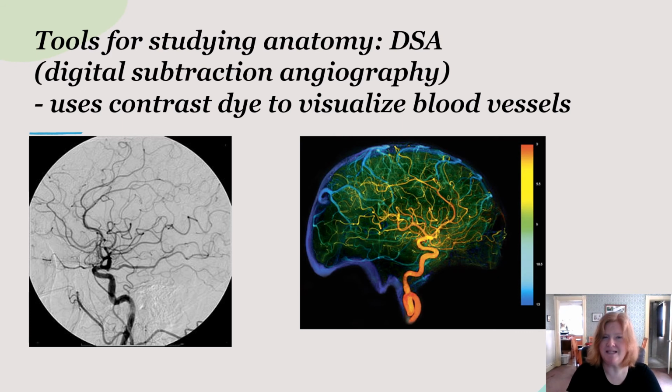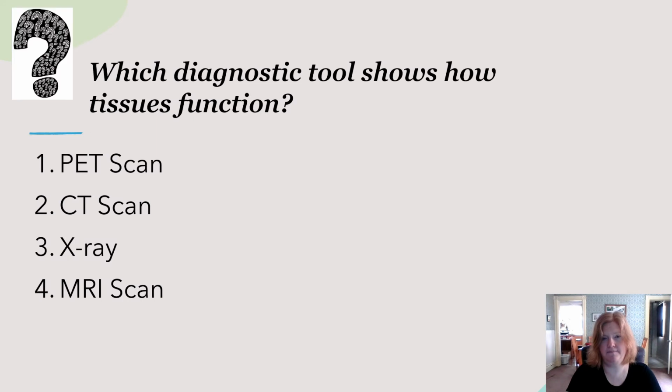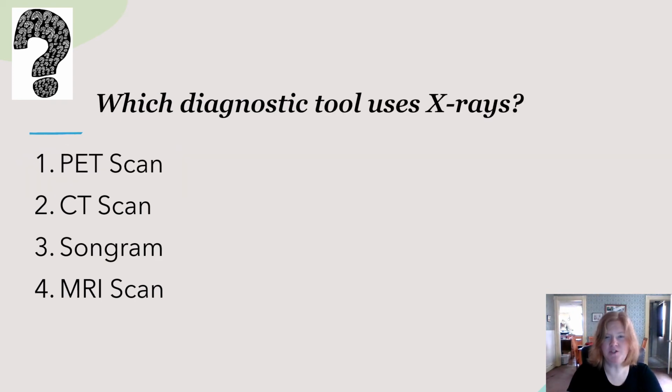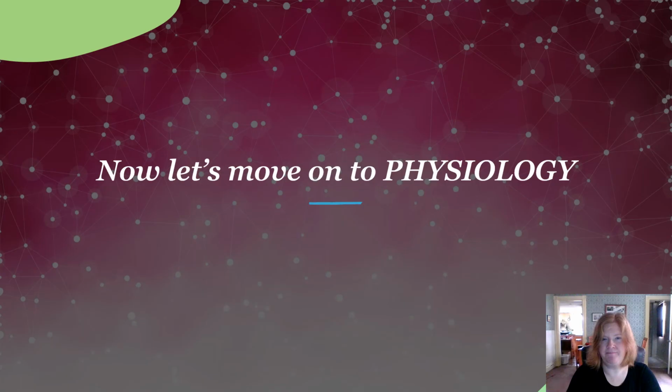And then we have DSA, which stands for digital subtraction angiography, and it uses a contrast dye to help you visualize blood vessels. Okay. So which diagnostic tool shows how tissues function? Do you remember? PET scan. Which diagnostic tool uses X-rays? Well, X-ray isn't on there, so it can't be that one. What is it? It's the CT scan.